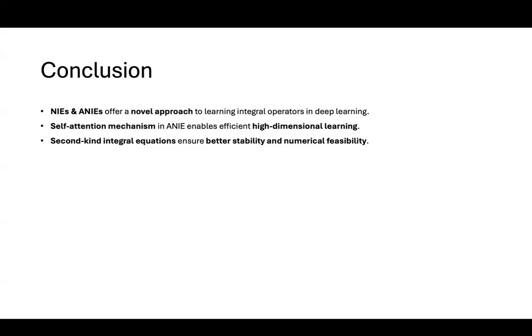The second-kind integral equations ensure better stability and numerical feasibility. I gave you the difference between the second kind and the first kind. The second kind is more stable, and in the long run it helps us get this better stability and numerical feasibility.